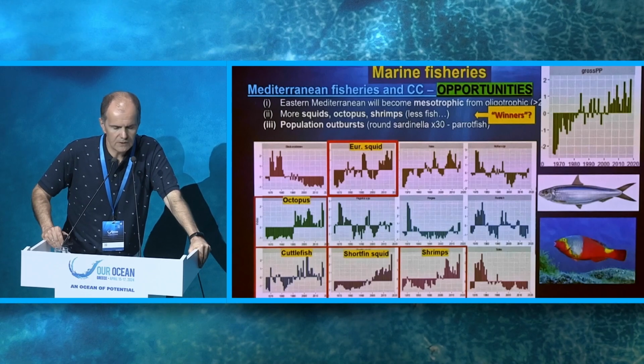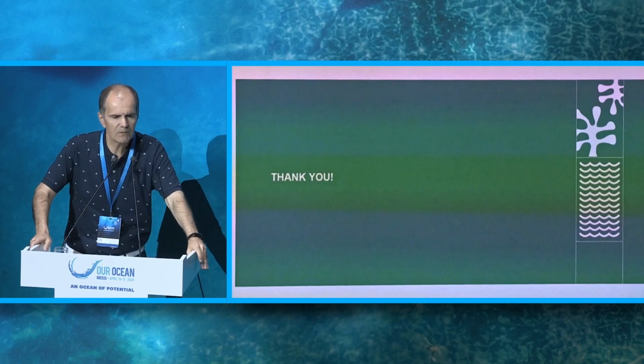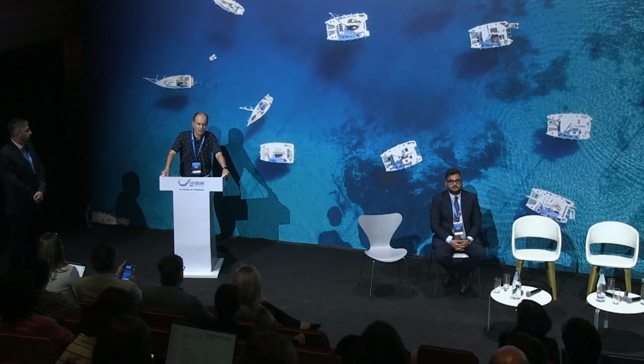And to conclude, I have to say that climate change has been put forward by the scientific community, NGOs and conservation groups. The industry itself does not see climate change as a priority threat.